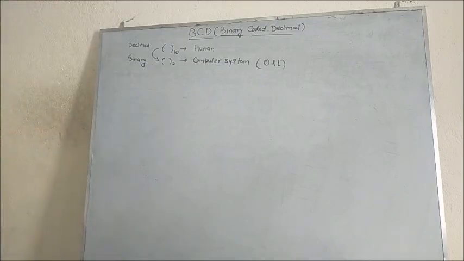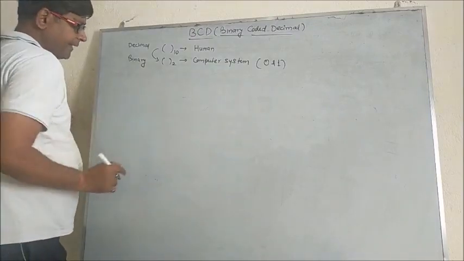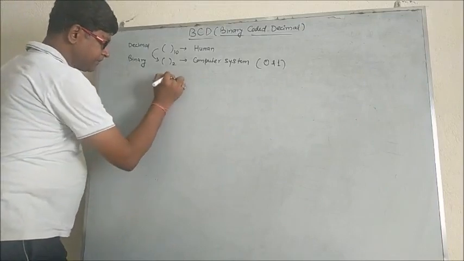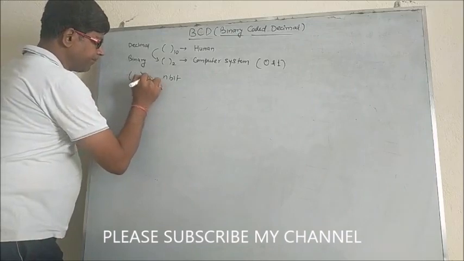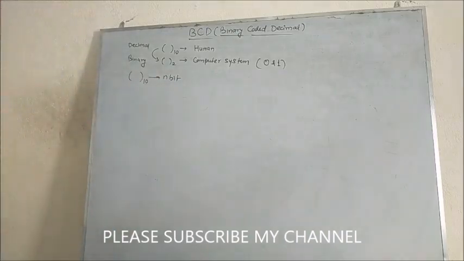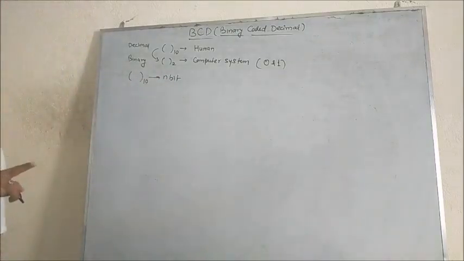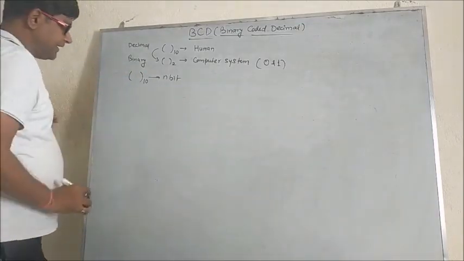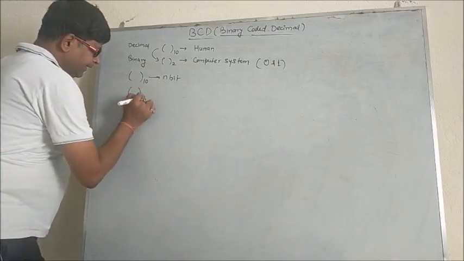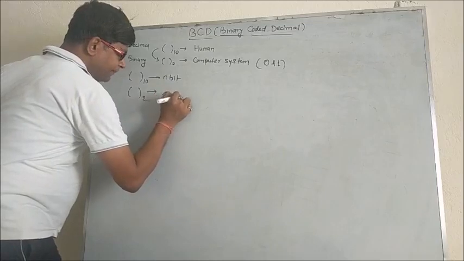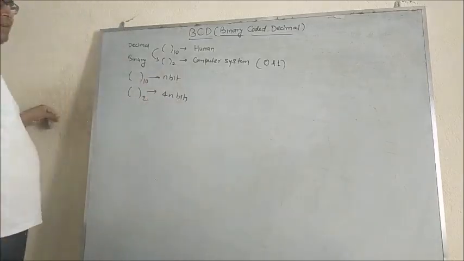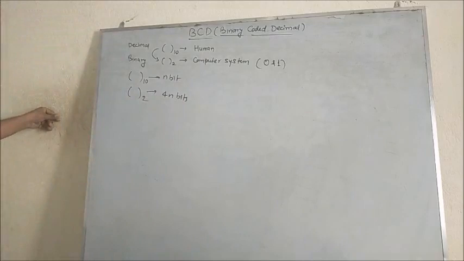Say for example, suppose a decimal number is given in n digits, to the base 10. So how many bits are needed in our BCD? For BCD, we must have 4n bits, right? Okay.